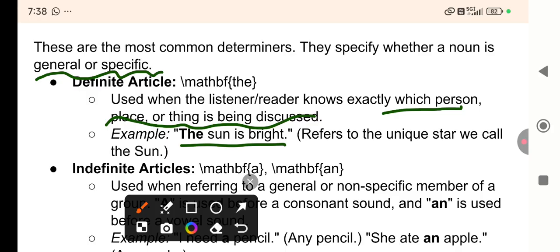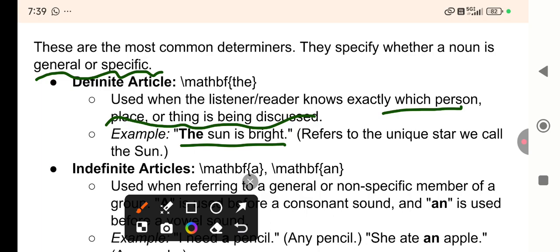So whichever knife I often use, you will give me the same. So that is a definite article. Another example, if I say the girl came to me in the morning, it means you know which girl I'm talking about, right? That's whom I'm talking about.